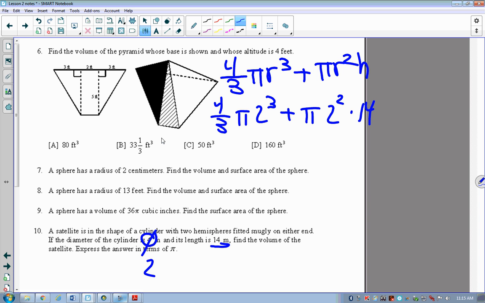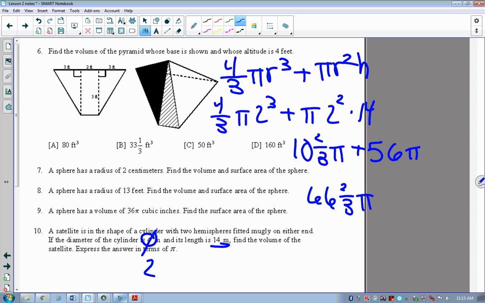So 10 2/3 pi. Over here I've got 4 times 14, which is 56, so 56 pi. That would give me 66 2/3 pi meters cubed. 66 2/3 pi meters cubed is the answer.